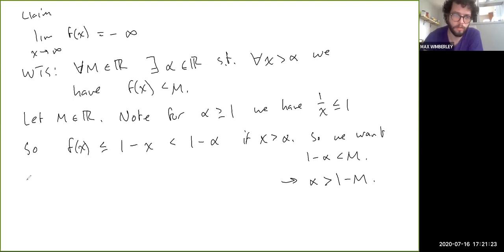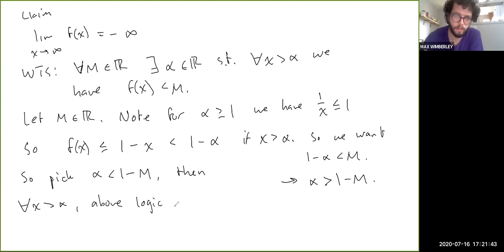So pick alpha, oh, I guess we can make this one less than or equal to, it doesn't matter. So pick alpha less than 1 minus m, then for all x greater than alpha, the above logic shows f of x is less than m, right?